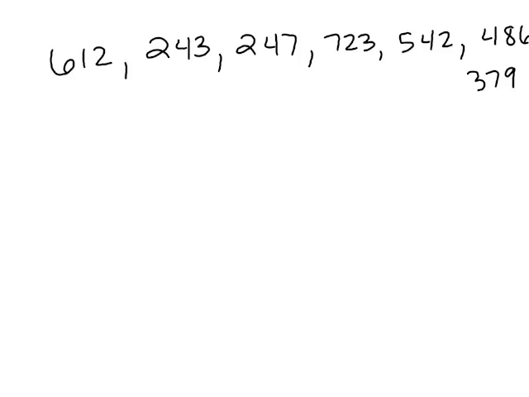There's my family. How do I find the average? Count up how many numbers are in the set. 1, 2, 3, 4, 5, 6, 7. So I would add those all together. Divide by 7. I end up with 461.71.